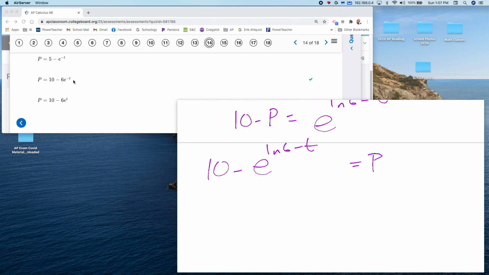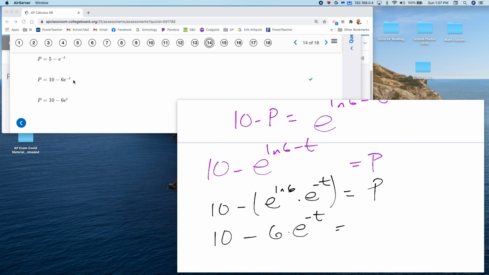The reason it's the answer is you could actually do the simplification and write this as e to the natural log of 6 times e to the negative t is equal to p, and this is 6, and then we get the answer because the e and the natural log go out and I get 6.